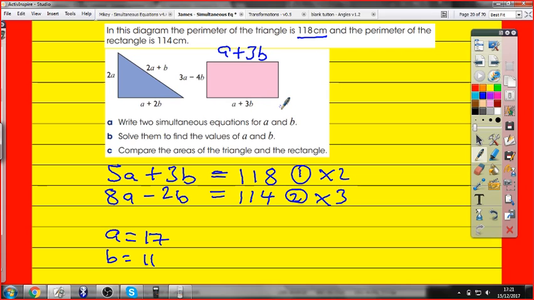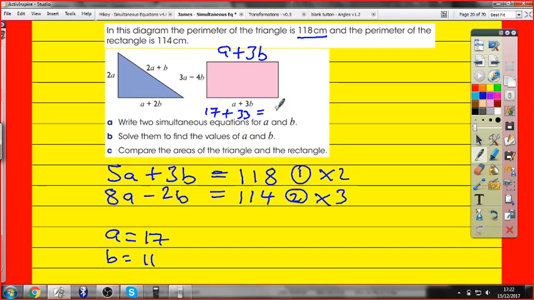The base would be 11. And oh no, sorry, the base would be 17. Well, A is 17. Well, it's A plus 3B. How would you do A plus 3B? 17 and 33. That's right. And what is that? 40. No, 50, sorry. Yeah, 50.